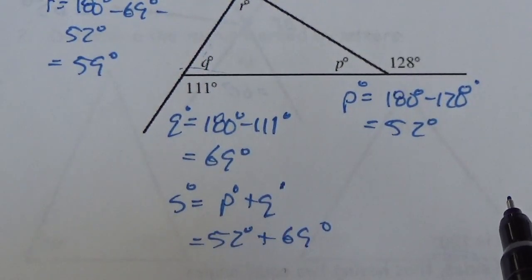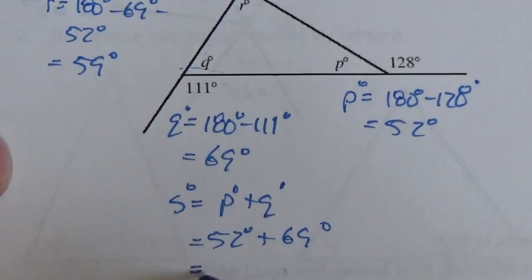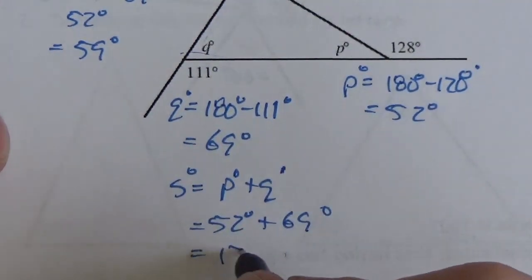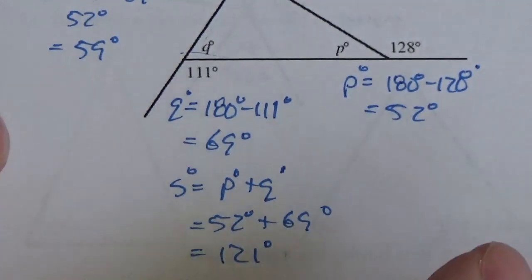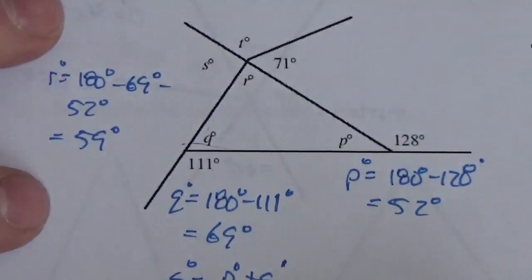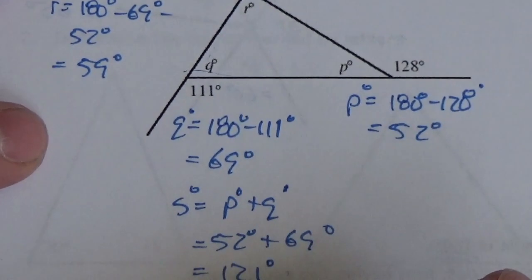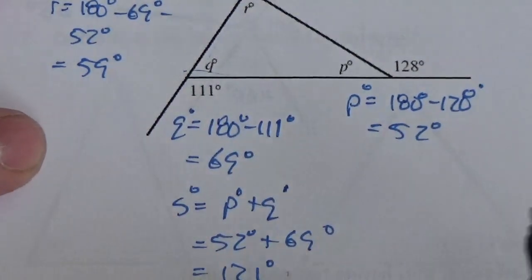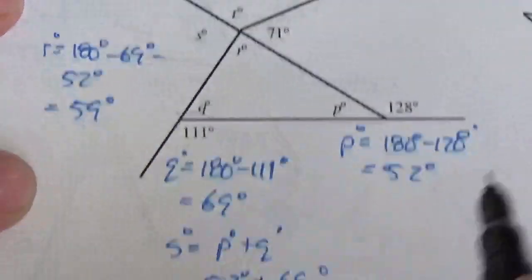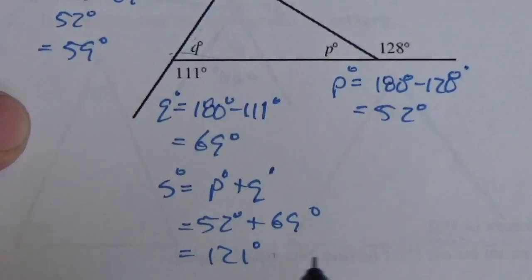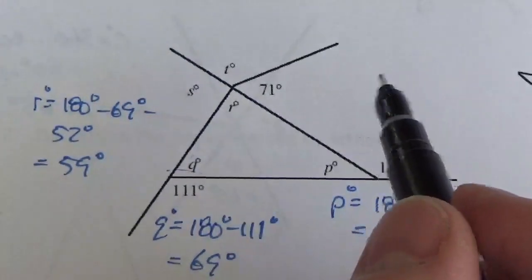So 52 plus 69 is going to be 121 degrees. That actually makes sense. The diagram's not great, but you can see that that's a little bit greater than 90. This is more than just a little bit bigger than 90, but yeah, it's bigger than 90 there.